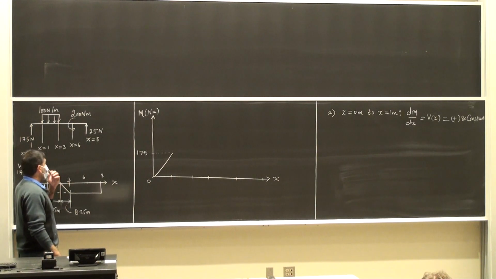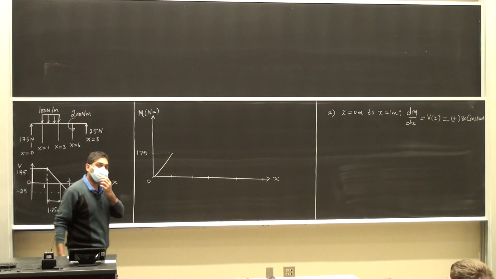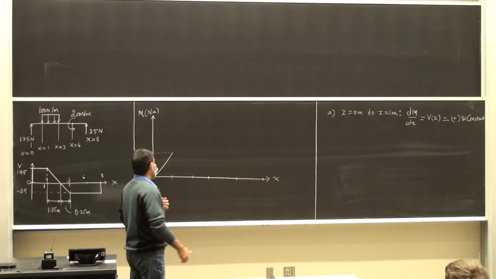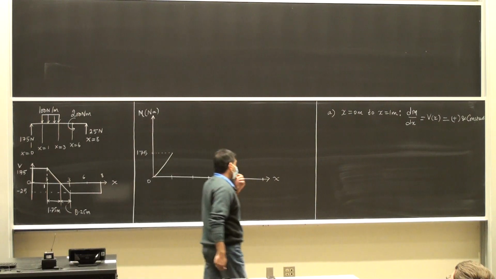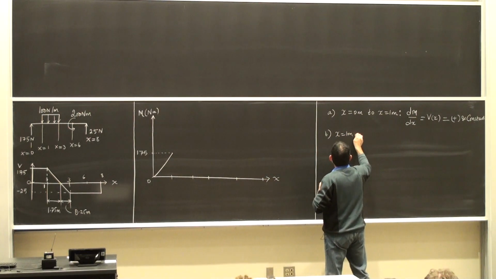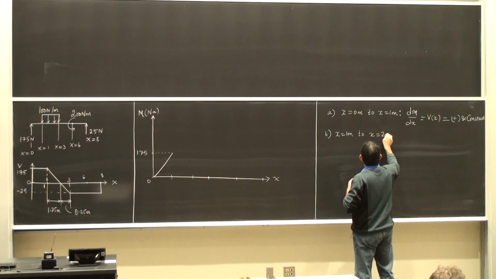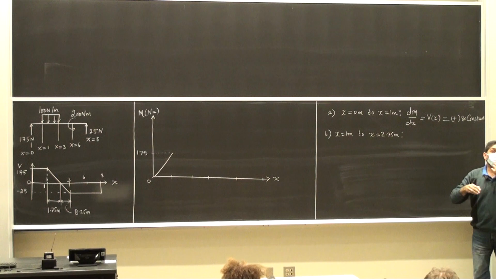Then I go from x is equal to 1 to x is equal to 2.75. We had calculated that value last time, it was 328.125 Newton meters. To go from 1 meter to 2.75 meters, look at the slope of the bending moment diagram.